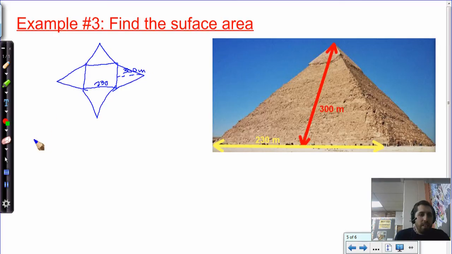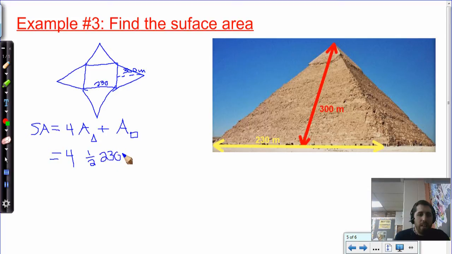So let's get to work on this. The surface area is going to be equal to 4 times the area of the triangle plus the area of a square. All right. So what's the area of the triangle? It's going to be 1/2 the base times the height. The bases are 230 meters.